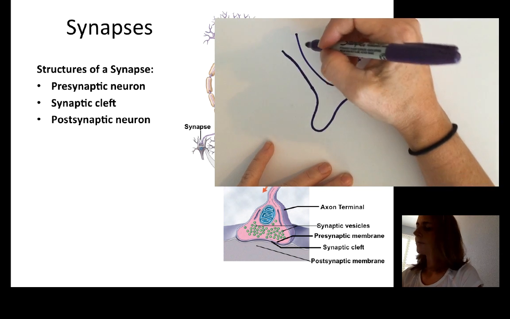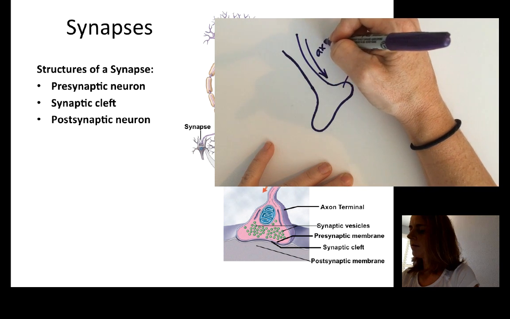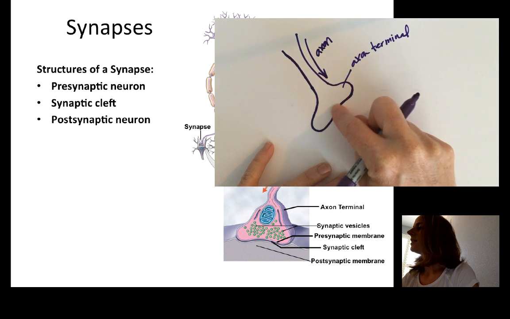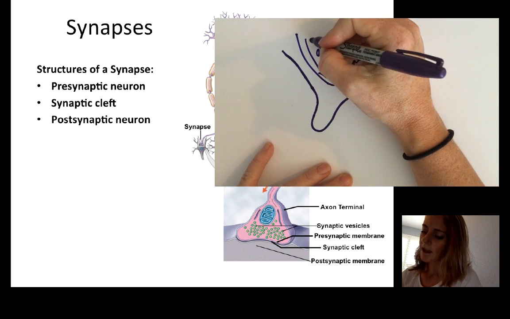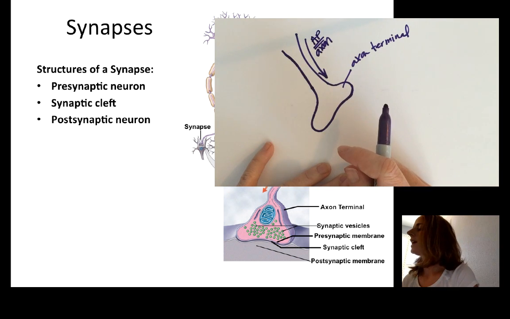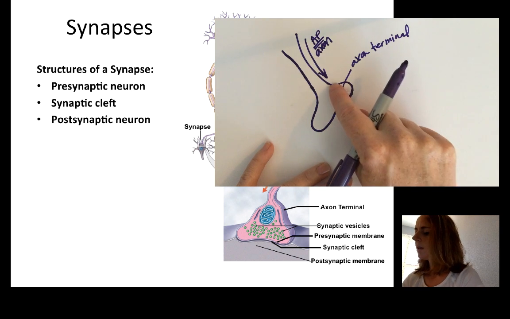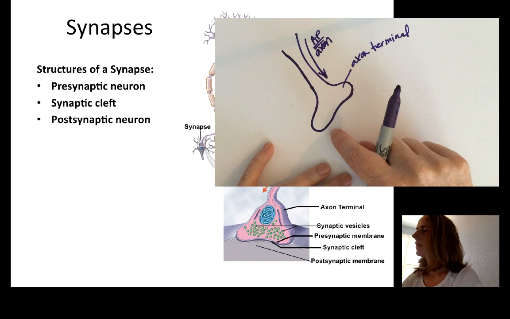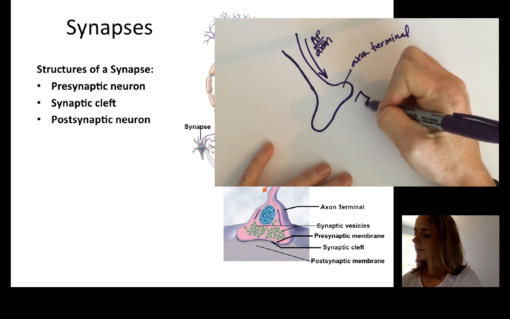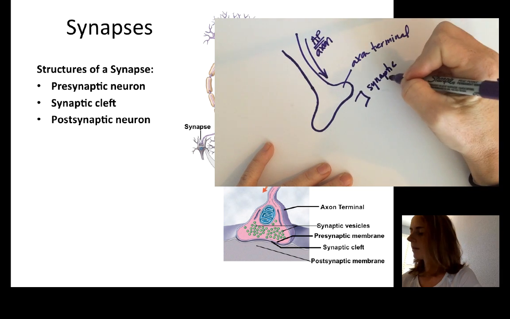So the axon is going to come down and end in the axon terminal, and that is what is going to carry the action potential. I'm just going to abbreviate it as AP. So the action potential is going to travel down the axon. We have the axon terminal, and then we have a space. And this space is called the synaptic cleft.